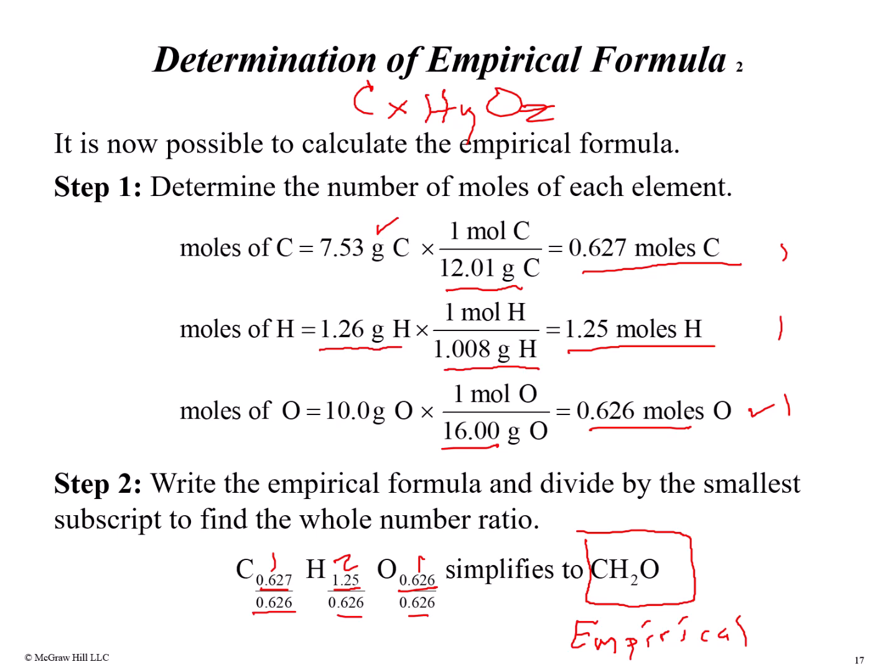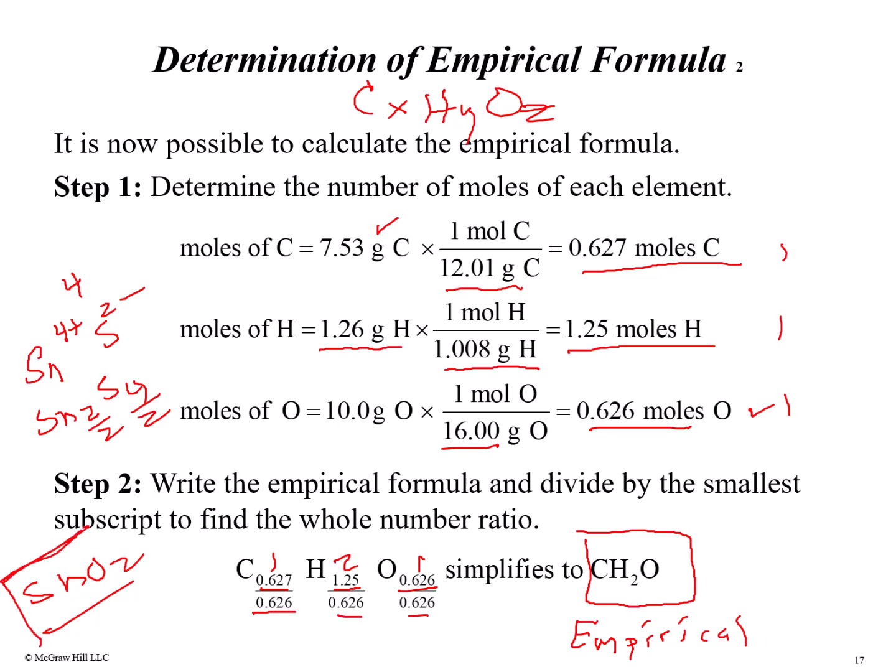My classic example is when you have tin 4 positive, and we combine that with sulfur 2 negative, and if you do the crisscross method, you get a 2 here and a 4 here, and that's not the correct formula because both numbers can be divided by 2, and you get SnS2. That's why I like to just say, what do both numbers go into? You need 1 tin and 2 sulfur. That's the simplest whole number ratio. Ionic compounds are written in their simplest whole number ratio, which is called the empirical formula.